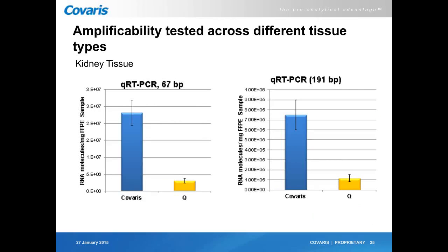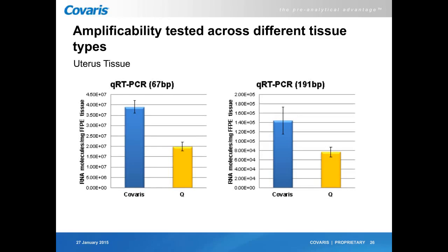You can see it on kidney tissue. With kidney tissue, we tried 2 amplicon lengths by real-time RT-PCR, 67 base pair and 191 base pair. And in both cases, we see a large improvement in amplifiable RNA molecules with Covaris compared to other standard methods.